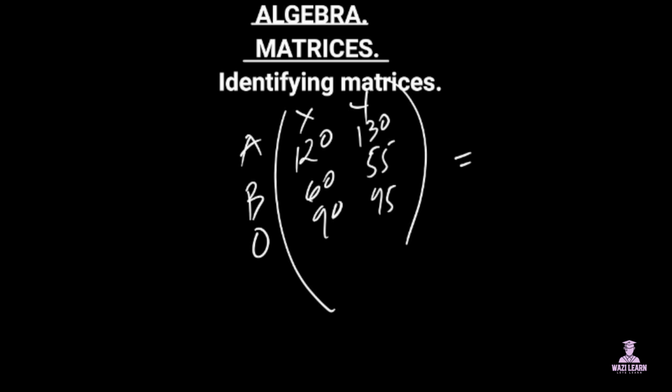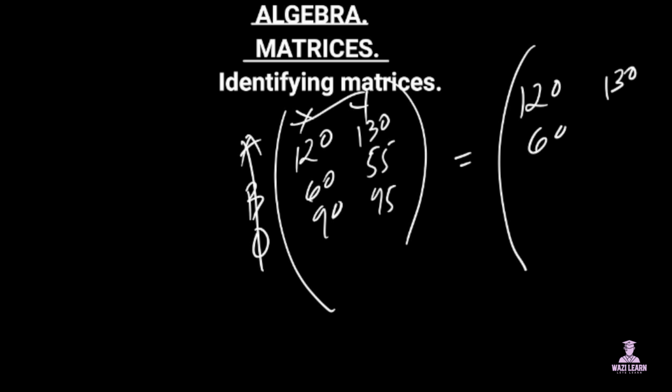But note that in our matrix form, there are no labels. So you write them without the labels. It will be 120, 130, 60, 55, 90, 95. So that is our information transferred into a matrix.